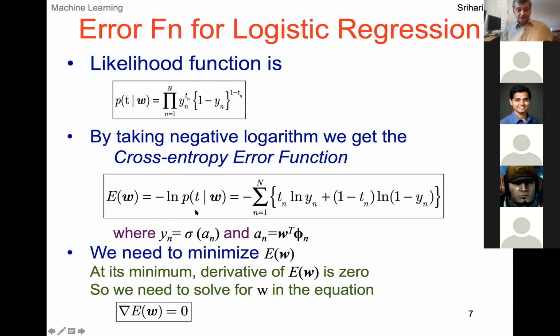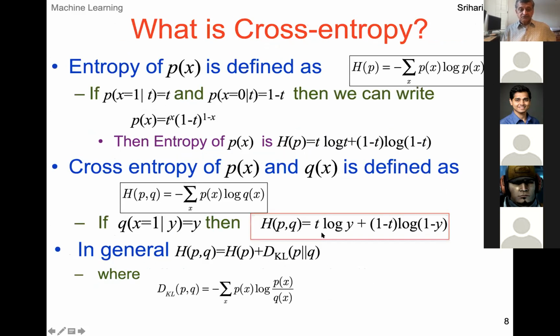And there are, of course, some substitutions here. In order to minimize, we need to take the derivative and set that equal to 0. And this is talking a little bit about cross entropy and why it's called cross entropy.